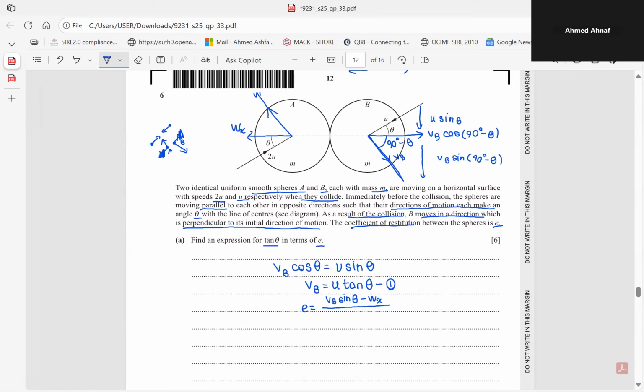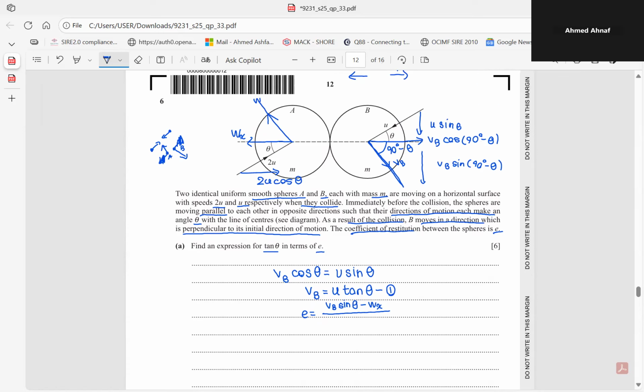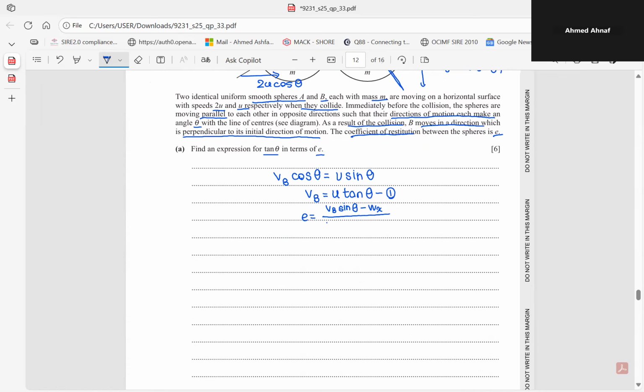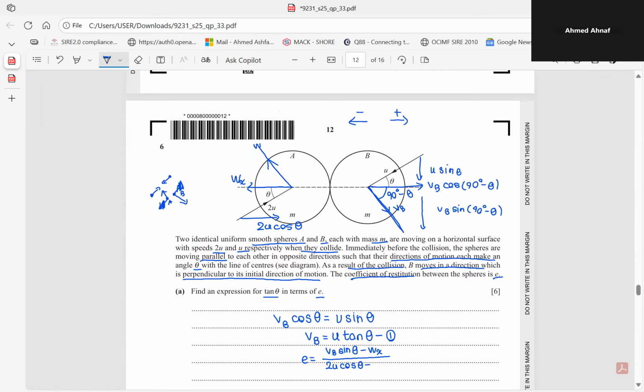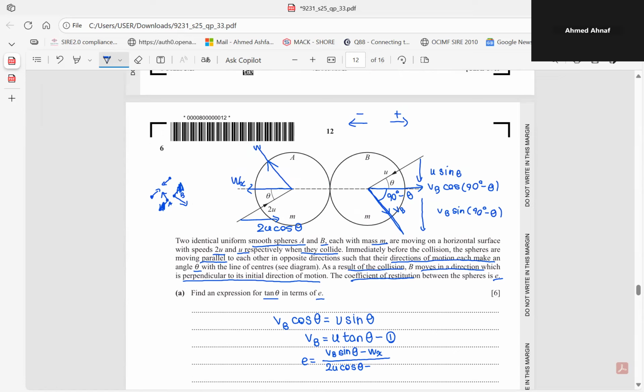So we're going to first take the speed of approach of A. For that, just take the horizontal component of this, which is just 2u cosine theta, in the positive direction. Minus, for B, that is just u cosine theta in the negative direction.